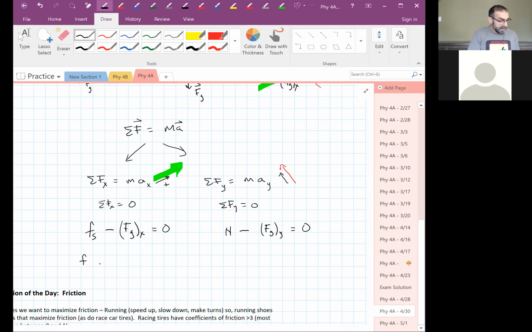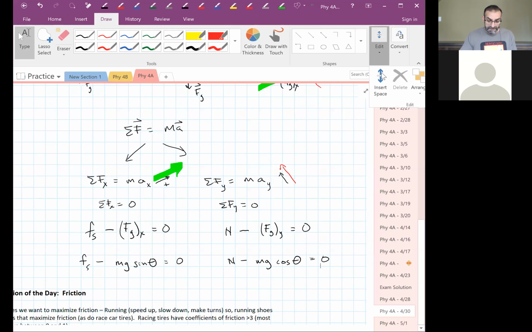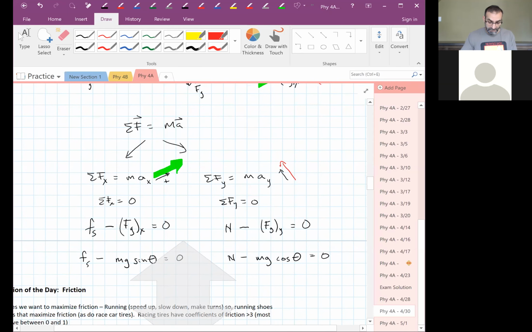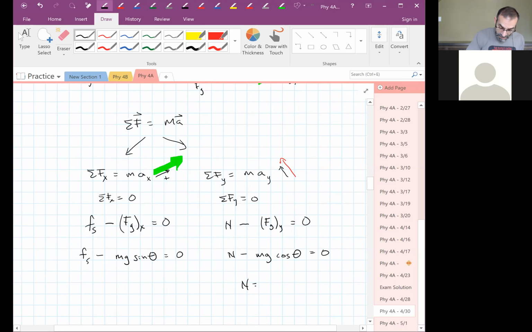I know F gravity in the x direction is mg sine theta, and in the y direction, it's mg cos theta. So one of them tells me what my normal force is. Normal force is equal to mg cosine theta.